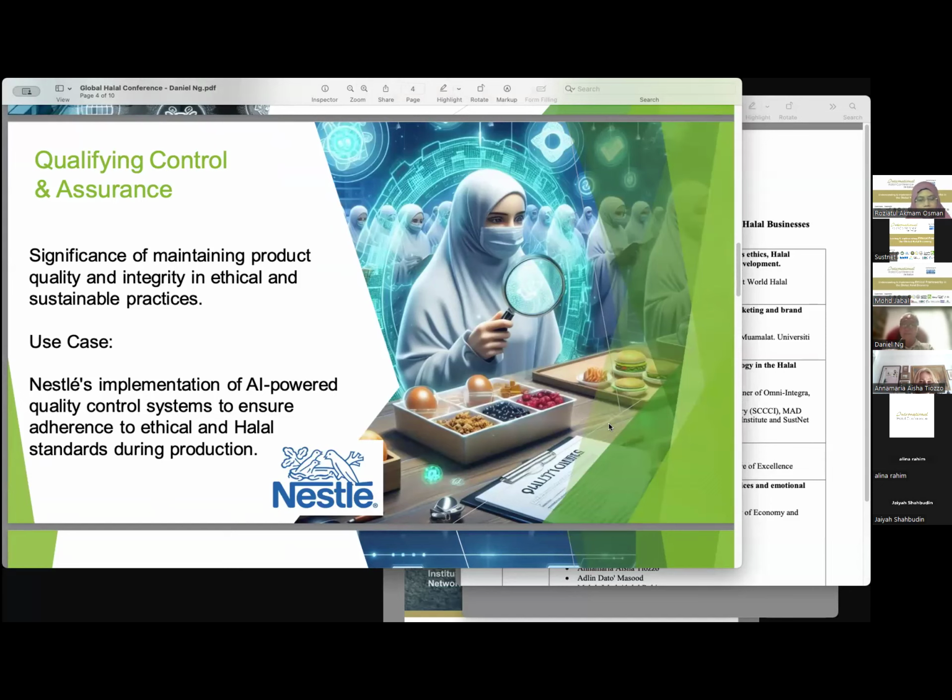AI can be used to develop predictive models that analyze historical data on production processes and product quality to identify potential issues and prevent defects. Nestle's implementation of AI-powered quality control systems is a prime example of how technology can be harnessed to maintain product quality while upholding ethical standards.